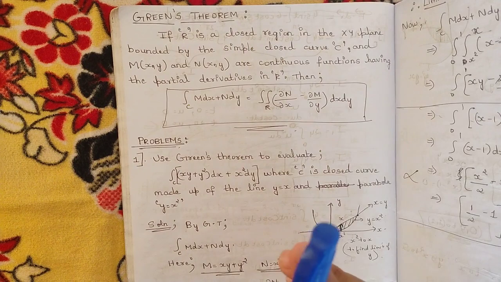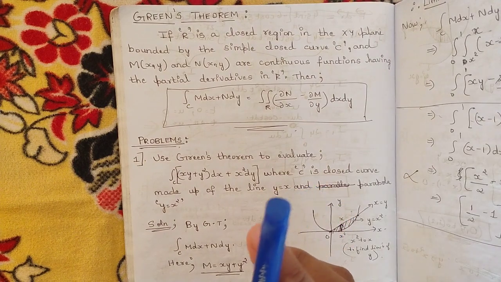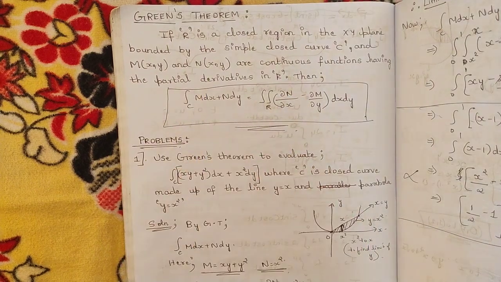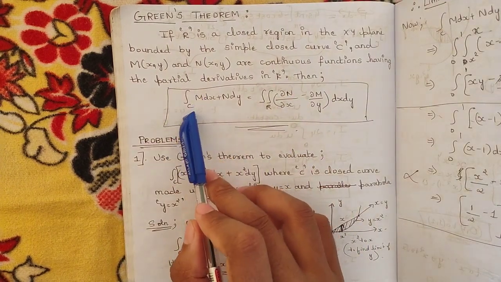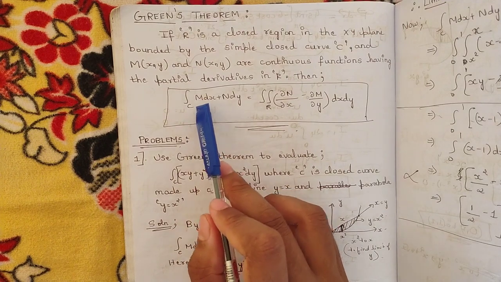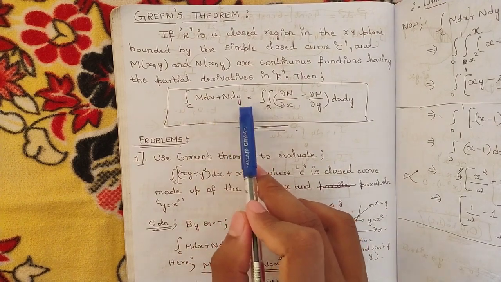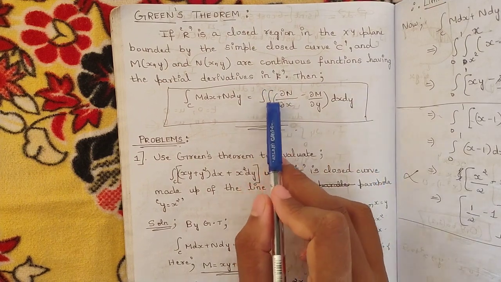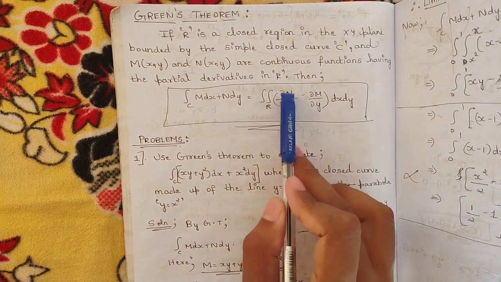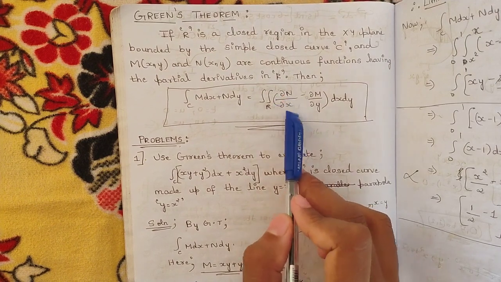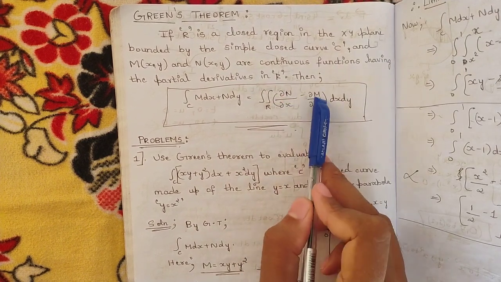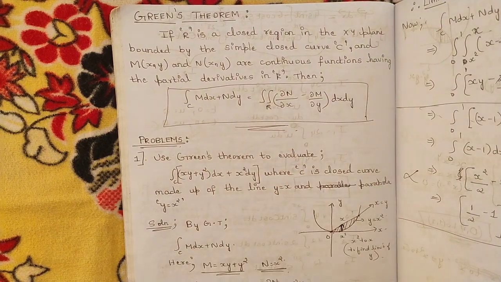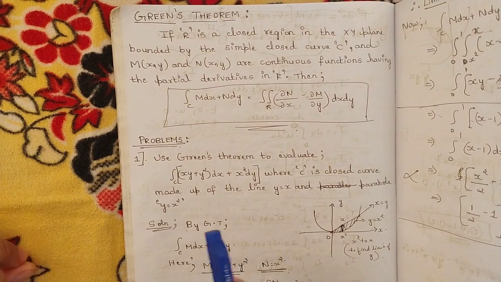This is the relationship between the closed region in the xy plane and the continuous functions M and N. That is, the line integral over a closed curve, M dx plus N dy, is equal to the double integral or surface integral over the region of dou by dou x of N minus dou by dou y of M, dx dy. This is the simple relationship for Green's theorem.